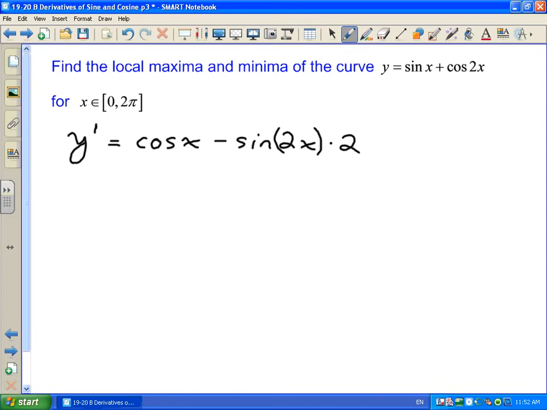Okay, and so the equation we need to solve here is, we set it equal to 0. 0 is going to be cos x minus 2 sine 2x.